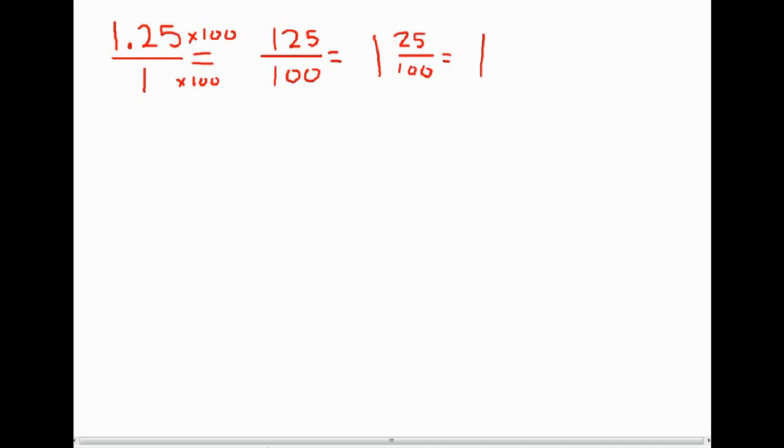Both 25 and 100 can be divided by 25, and I get 1 1/4. Now, if you're changing this back to a decimal, we have 1 whole and 1/4. So I have 1 whole, and then if you do 1 divided by 4, you'll find you'll get 0.25. But don't forget we had that 1 whole at the beginning here as well. So it's not 0.25. If we have 1 1/4, it's 1.25.